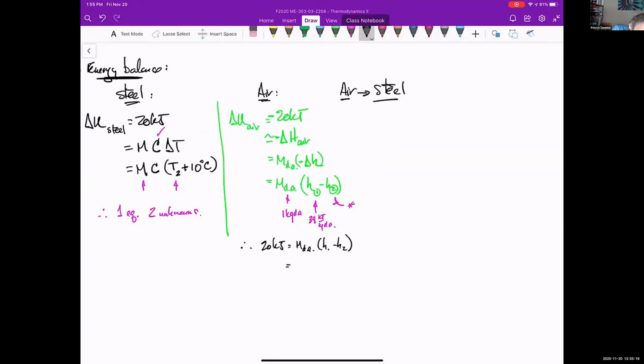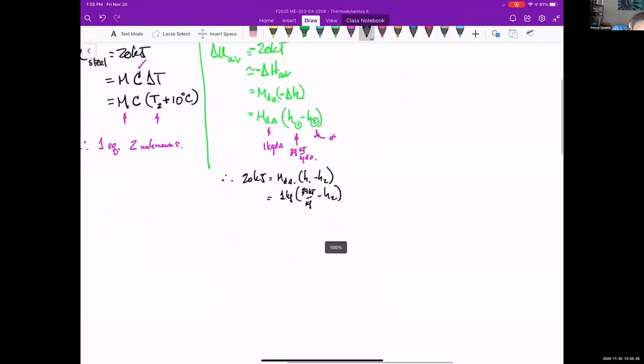And so that's equal to 1 kilogram times 39 kilojoules per kg minus H2. And so what we are saying, therefore, is that H2 is equal to 39 minus 20, or 19 kilojoules per kilogram of dry air. Right off the bat.